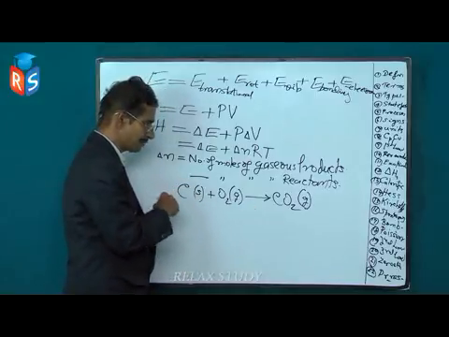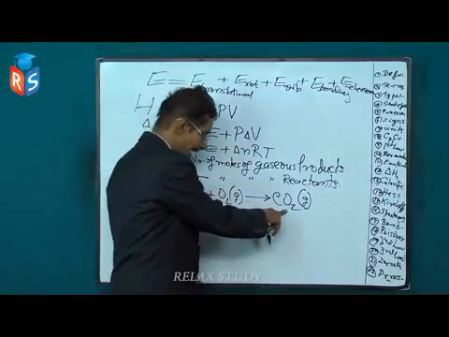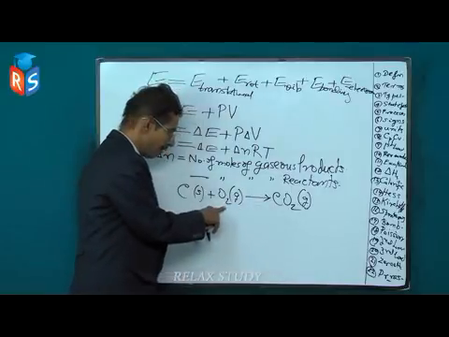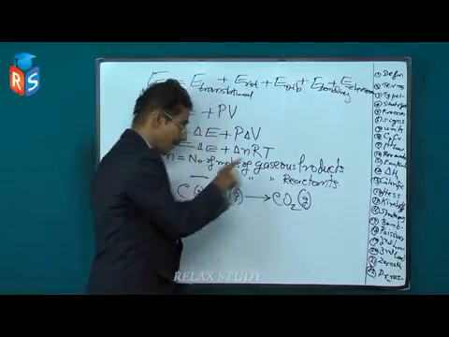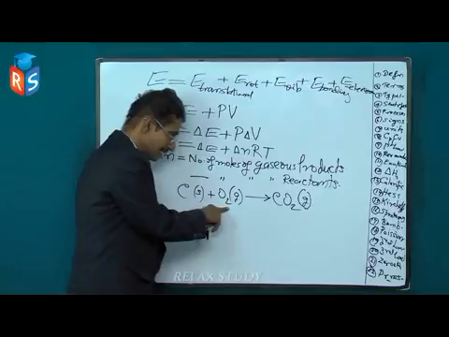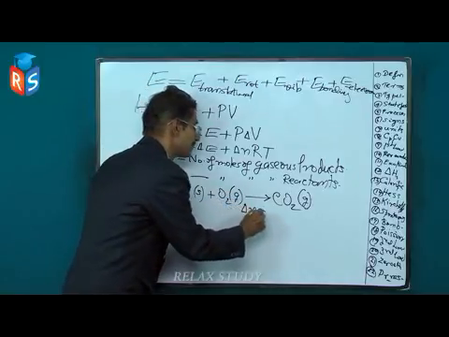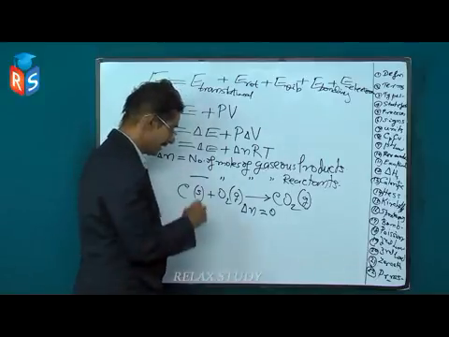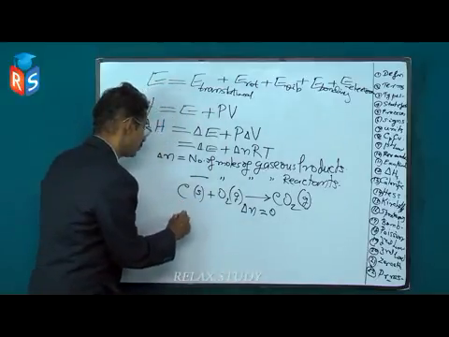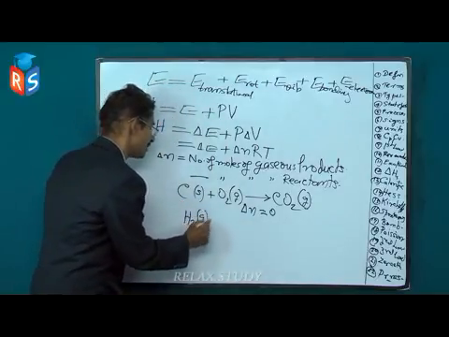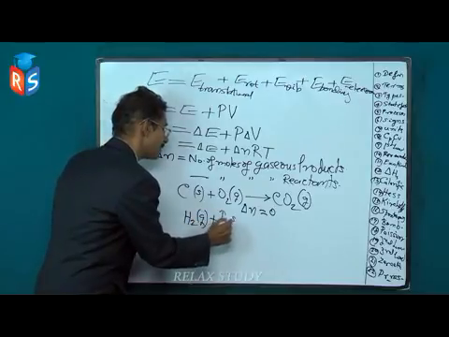In this reaction, of course, the number of moles of gaseous products is 1, number of moles of gaseous reactants is 1, therefore delta N is 0 for this. Delta N equals 0. Let me take another example, H2(g) plus I2(s).